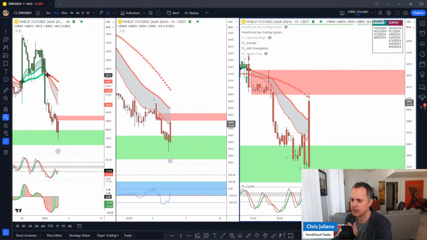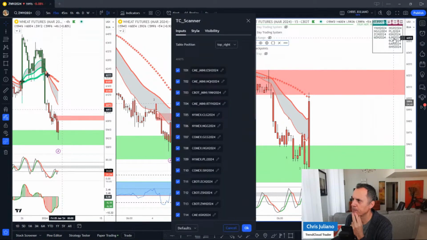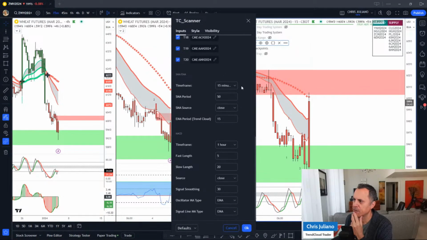Yeah, I sure can. Absolutely. Scanner, right? Go to your scanner, Javier, and you can either just double click onto it. And what you're going to do is scroll down, and you can take a screenshot of this: 15-minute for your trend and 1 hour for your momentum. These parameters in 2024, this is on the new trade plan.